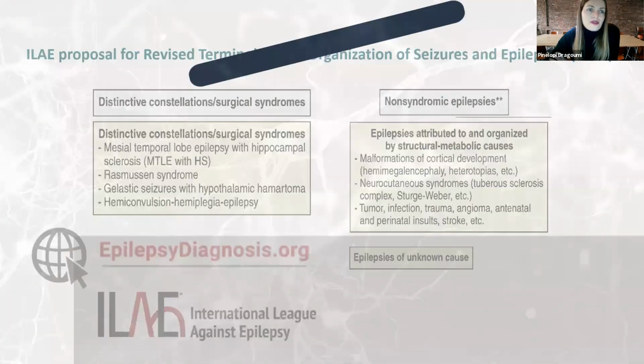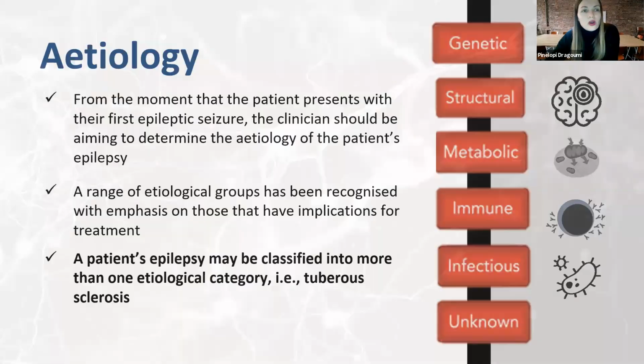And finally, talking about etiology, I'll just have to remind you that this is something that we think of early on, from the first seizure, and it is very important sometimes when we think about treating people who have epilepsy. We give specific attention to recognizing treatable etiologies, which is the case for some metabolic epilepsies or some structural epilepsies.